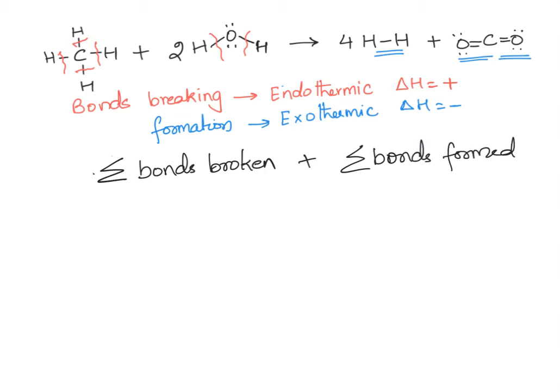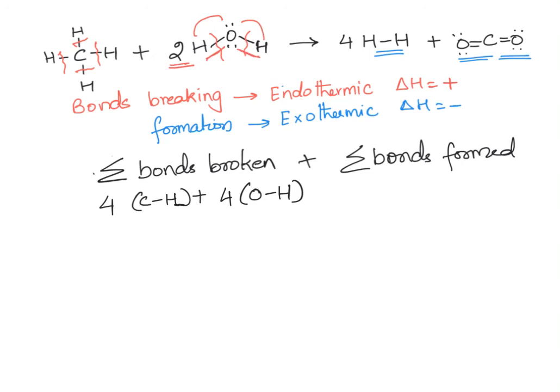What are the bonds broken? The broken bonds are 4 C-H bonds and 4 O-H bonds. There is 1, 2, but there are 2 moles, so the first bond, second bond, and in the second molecule, first bond and second bond.